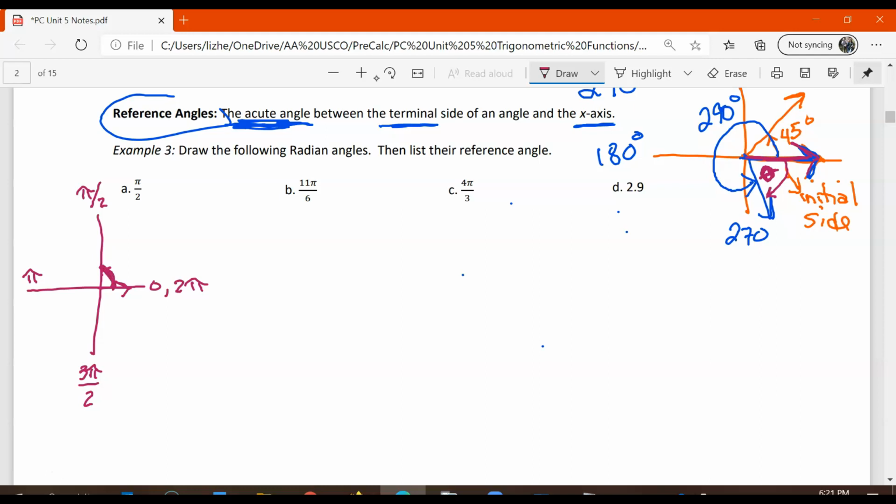Now, this is called a quadrant angle. And this isn't in your notes, so make sure you write it down. A quadrant angle is an angle with terminal side on an axis.